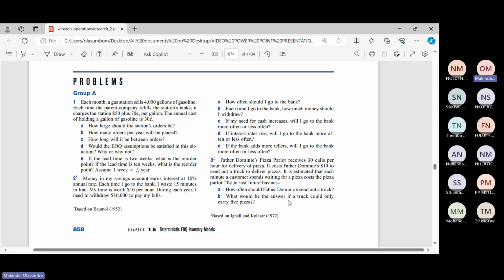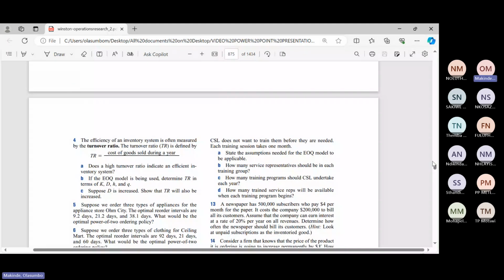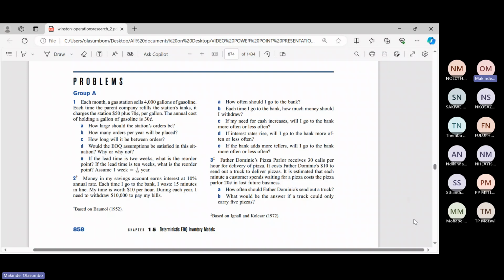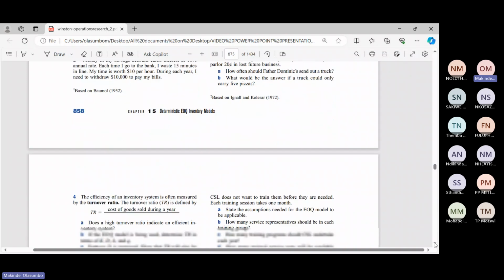So that would be number of orders equal to D, which is 30 over 5. That is the number of pizzas that they can deliver, and that will tell you how many orders they should place. I think that's supposed to be very straightforward. So those are the 2 questions under 3 and 3B.